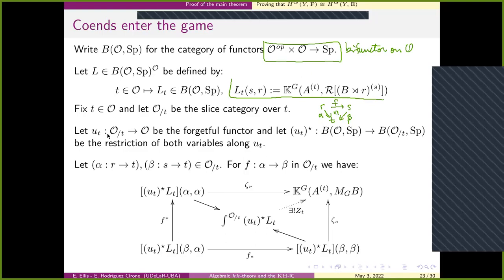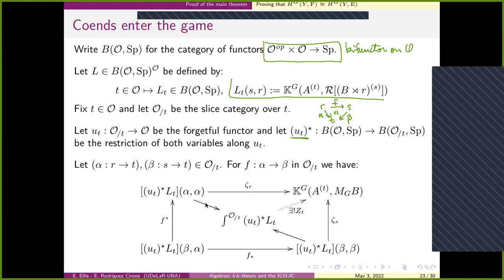We have a forgetful functor from the slice category into O, and we can restrict a bifunctor along this forgetful functor. This is what this functor does: it picks a bifunctor on O, and it restricts both coordinates to the slice category along the forgetful functor.